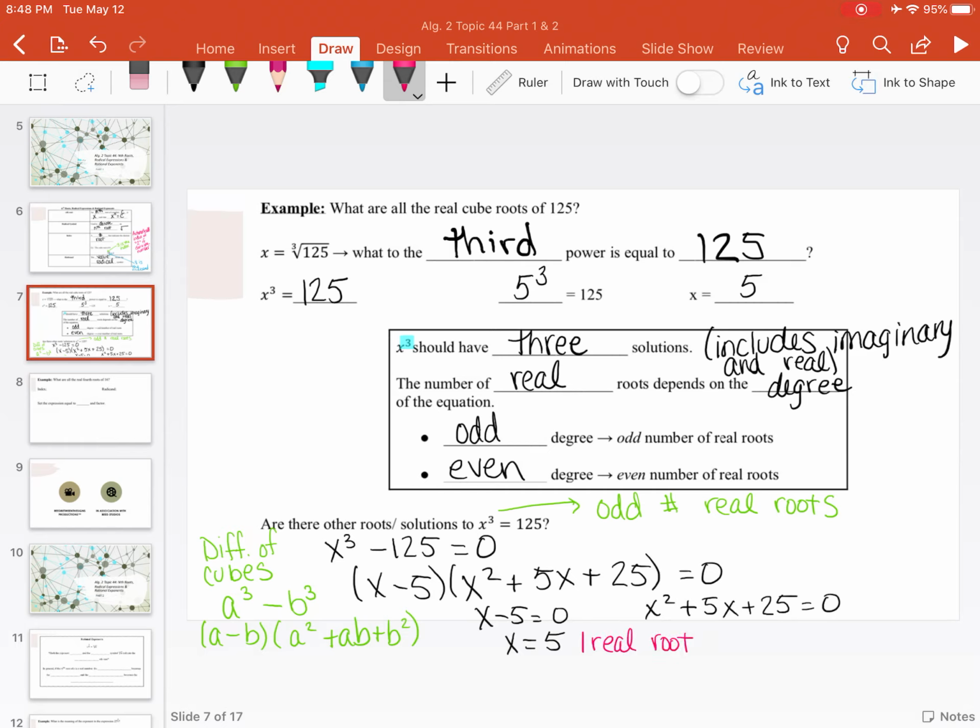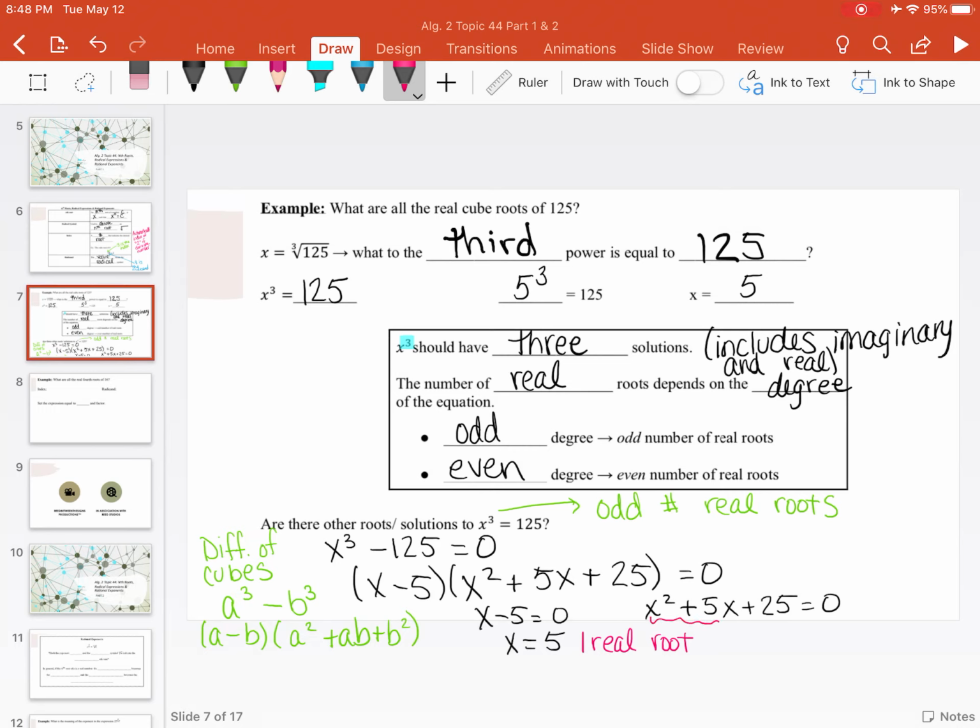On the other hand, for x squared plus 5x plus 25, there are no two numbers that multiply to get 25 and also add to get 5. So we'd have to use the quadratic formula here. However, that would give us a negative under the radical, so we deal with imaginary numbers.